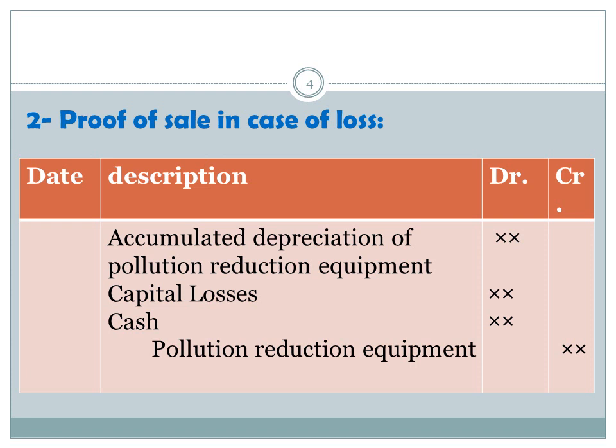Cash will be in the debit side because we sell an asset, so we will receive cash. Losses will be in the debit side. So there are 4 accounts, 3 accounts in the debit side, 1 account in the credit side. Credit side, pollution reduction equipment, because asset decreases. In the debit side, accumulated depreciation, capital losses and cash.